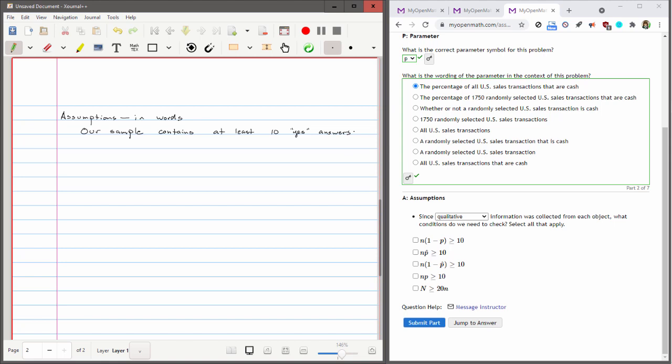So in the context of this problem, we have at least 10 cash transactions.